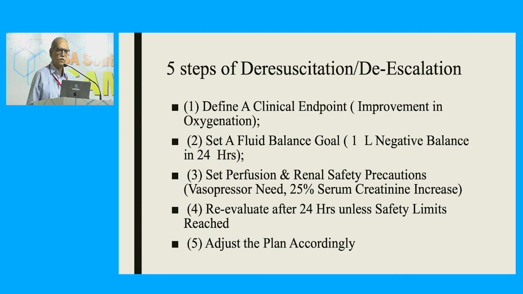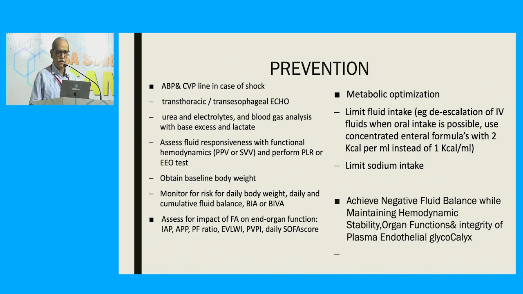You need those safety precautions, otherwise you may cross the balance and produce more hypovolemia and get into more problems. So you set perfusion and renal safety lines, like the vasopressor need or a 25% serum creatinine increase. And after every 24 hours, re-evaluate and see whether safety limits have been reached or breached, and adjust the plan accordingly.